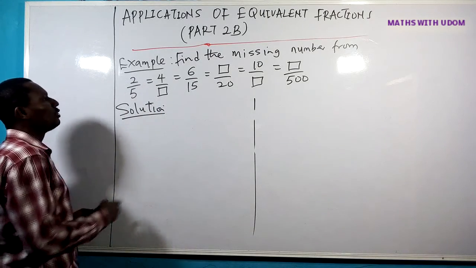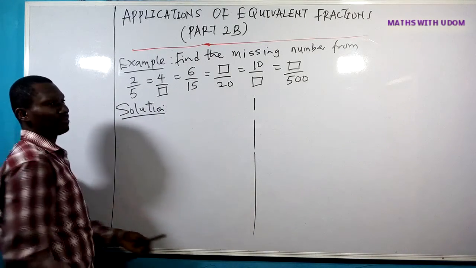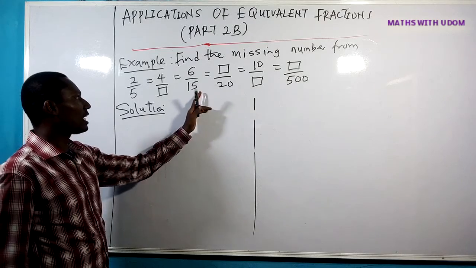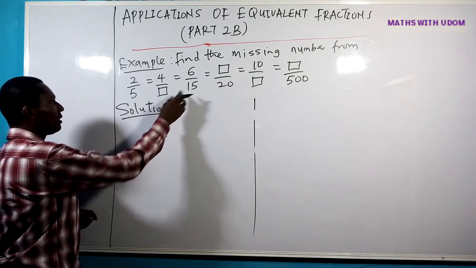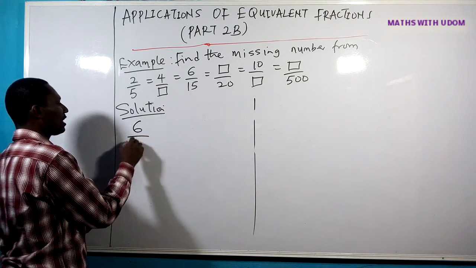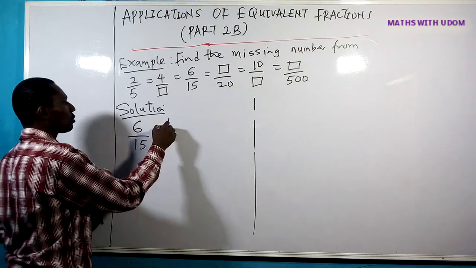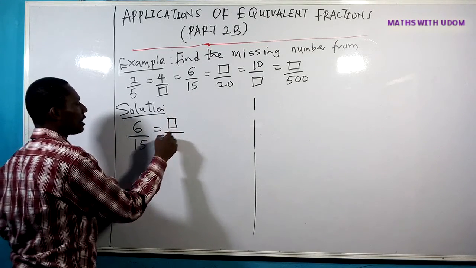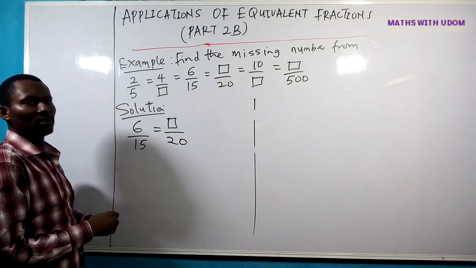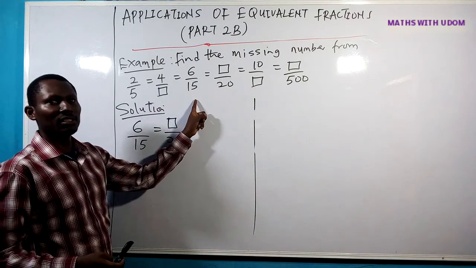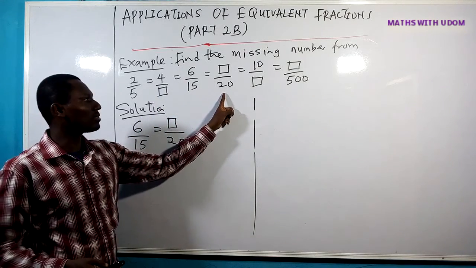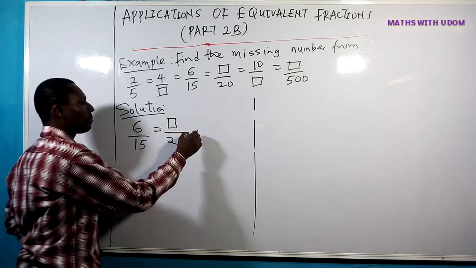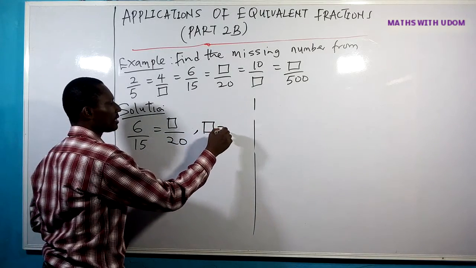Now, you can use the second complete fraction. You will arrive at the same value. Okay, let's use the second complete fraction this time. We have 6 divided by 15 equals to box divided by 20. So 6 over 15 equals box over 20. So let my box be represented as what?